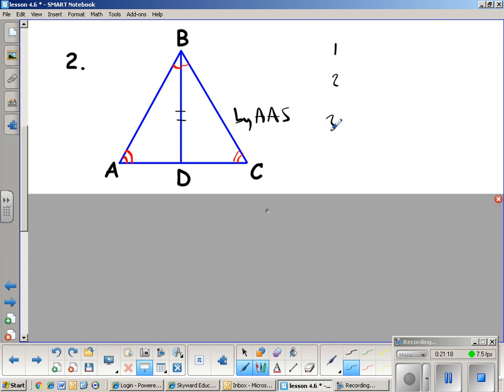Go ahead. If you think you know one, go ahead and tell me. Segment AB is congruent to segment CB. Okay, good. Segment AB congruent to segment CB.